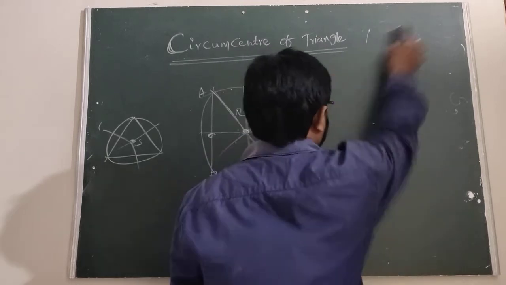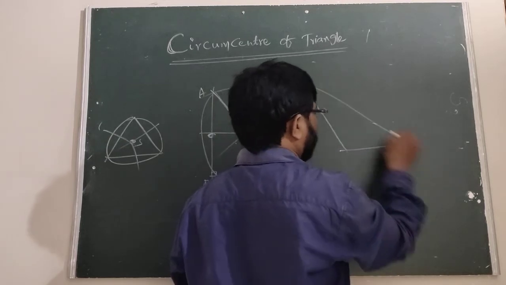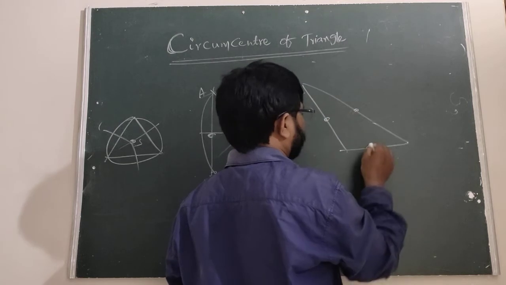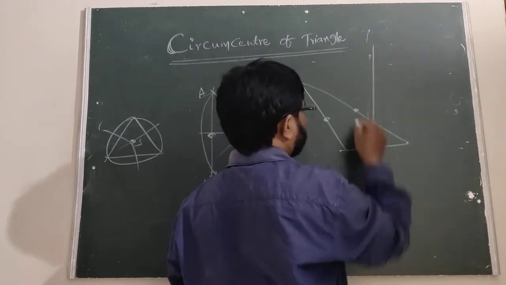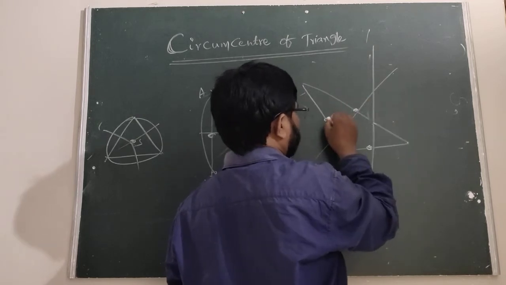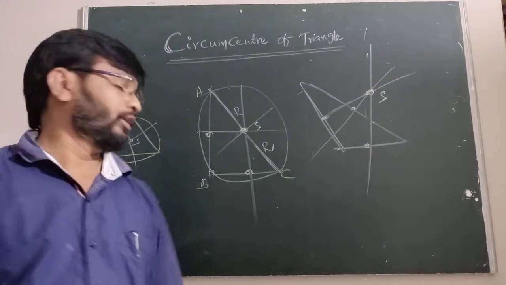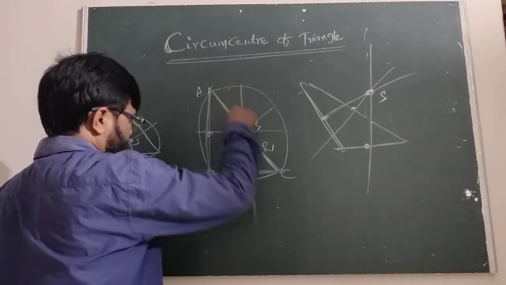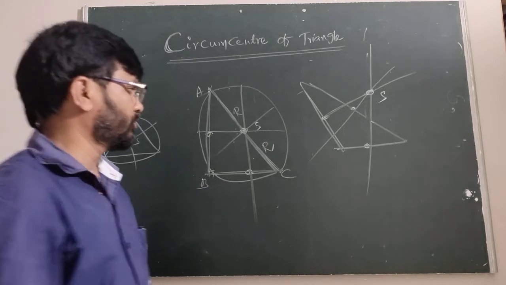So in a right angle triangle, the circumcenter is the midpoint of the hypotenuse.